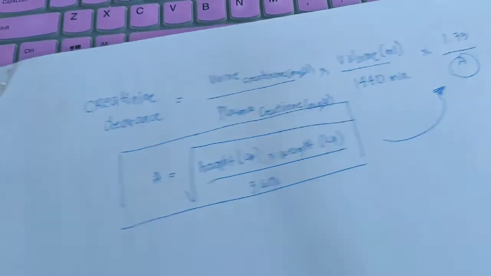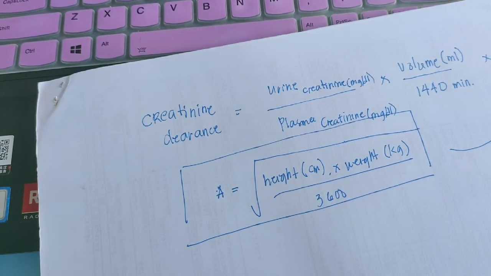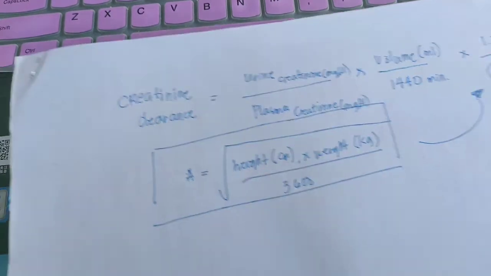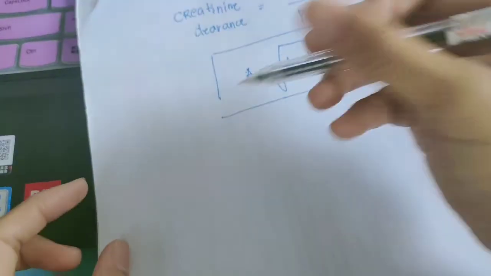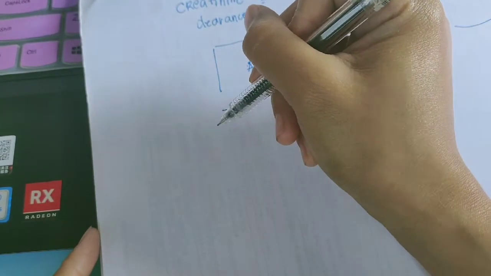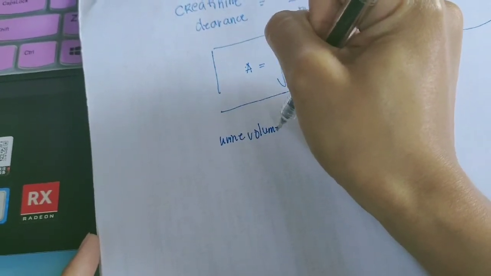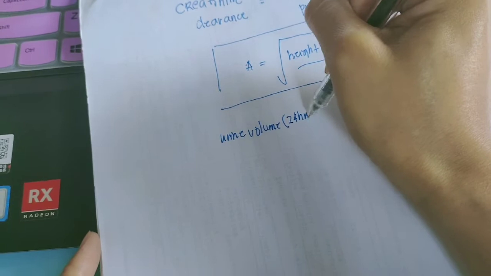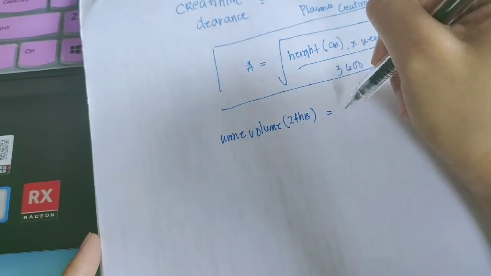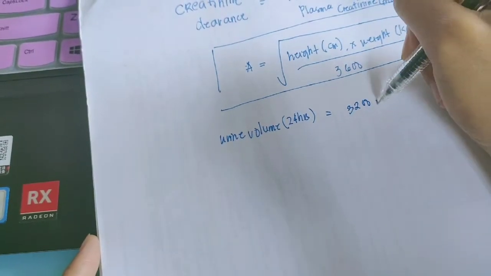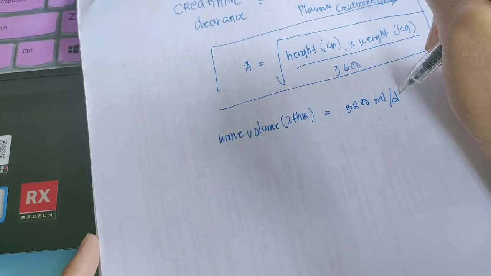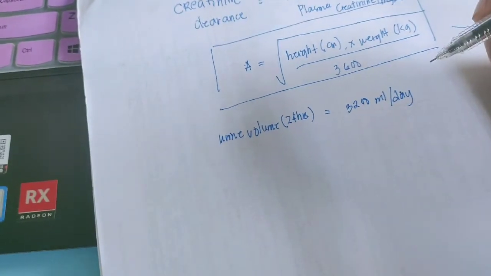Okay? Now, let's give an example para masundan natin. So here, let's give, for example, ang urine volume natin in 24 hours, for example lang to ha, 3,200 ml per day. Okay?